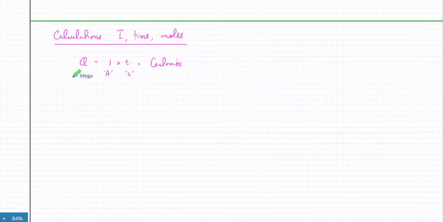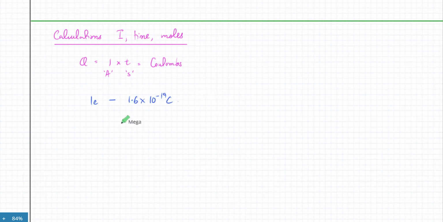The second one that you have to know, which you probably know as well, is that one electron has a charge of 1.6 times 10⁻¹⁹ coulombs. So you already know that one electron has this much charge. So what would be the charge on 1 mole of electrons?